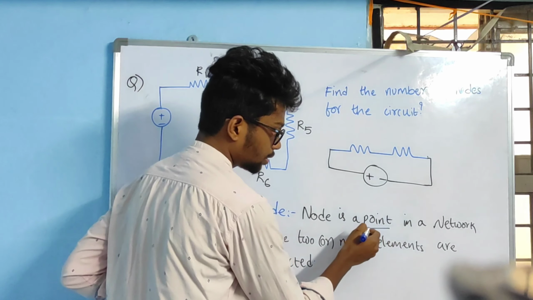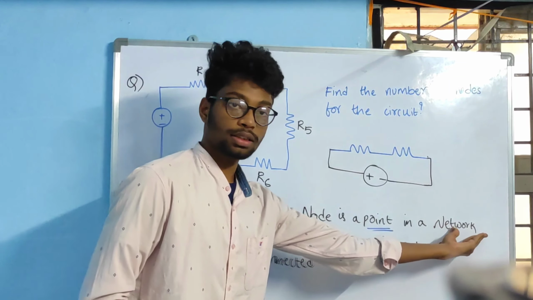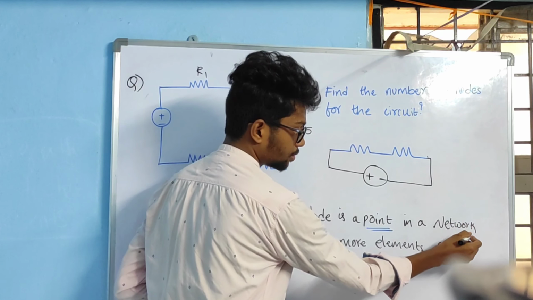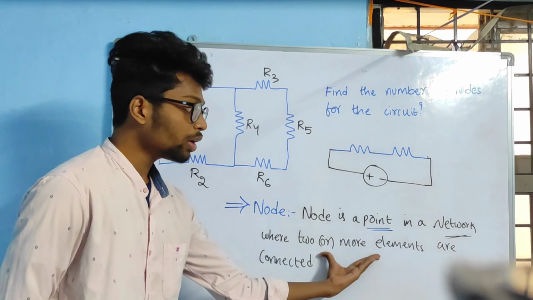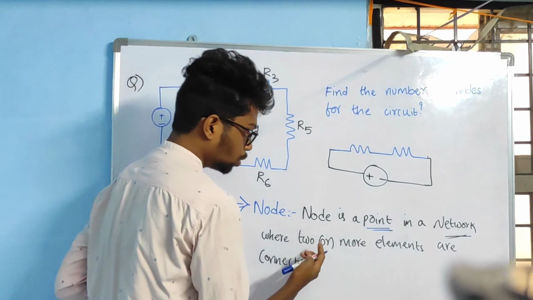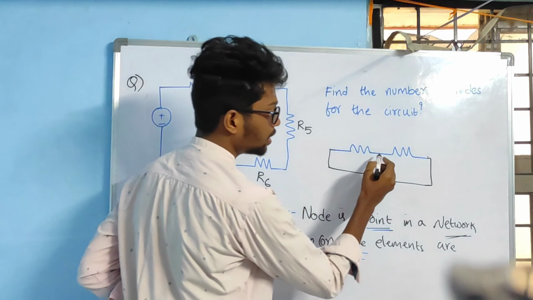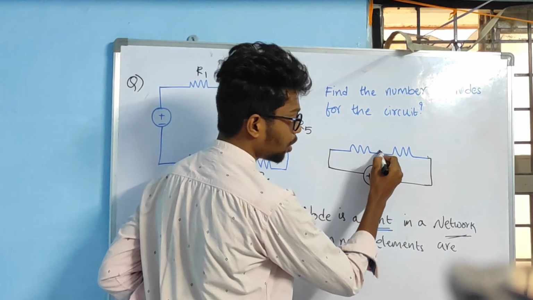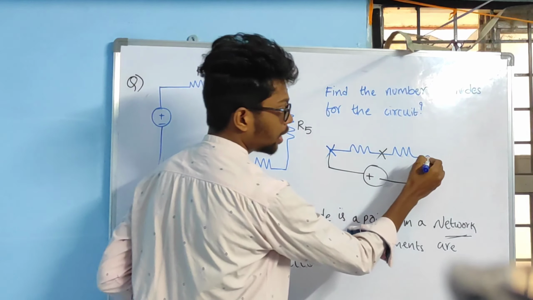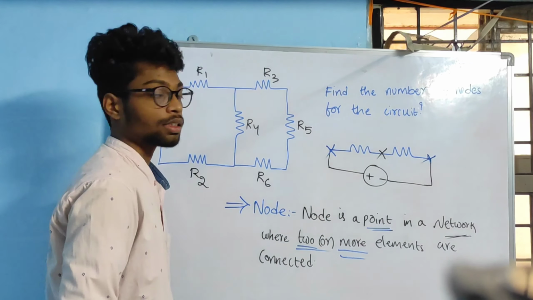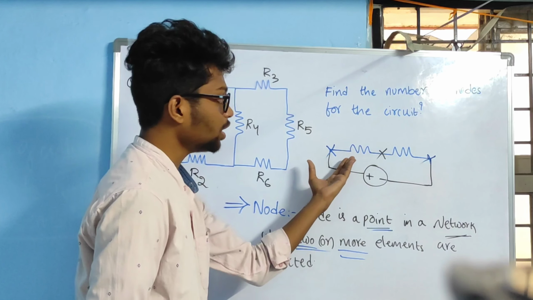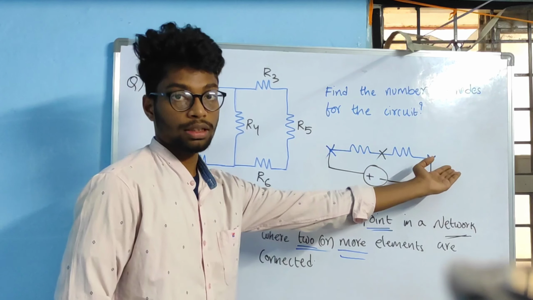Node is a point in a network where two or more elements are connected. Here, this is a point where two elements are connected, and this is a point where two elements are connected. So for this circuit we have three nodes, node 1, node 2 and node 3.